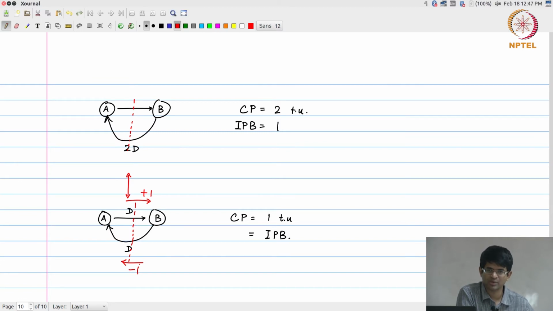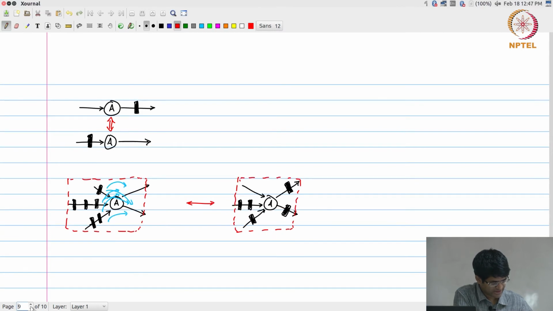If this circuit was part of a larger system, there also it is quite possible that moving this register into a different location could have given me an improvement in my critical path. Okay. One last thing before we stop for today's class, one observation that we can make from this transformation that I showed over here.